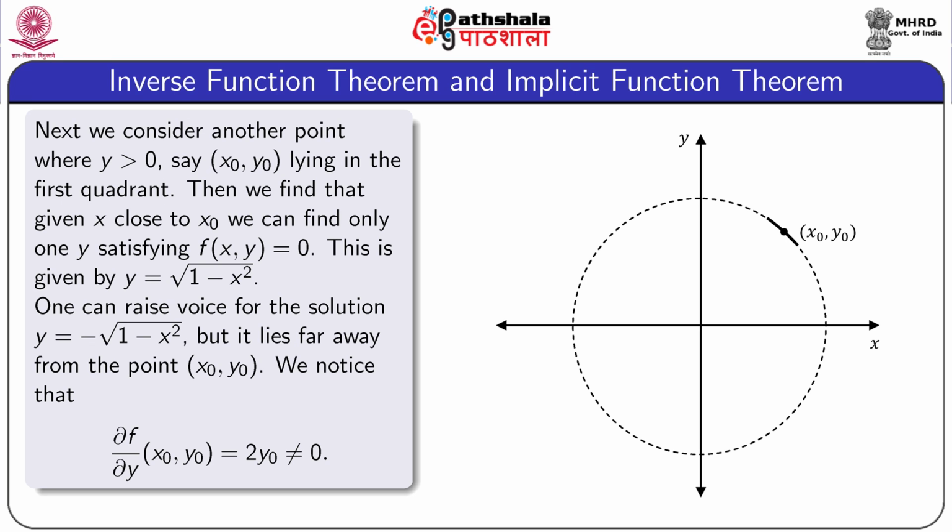However, one can raise the solution y equal to negative square root of 1 minus x square, but it lies far away from the point (x0, y0). And here we notice that the value of del f del y at the point (x0, y0) is 2 y0, which is obviously non-zero.